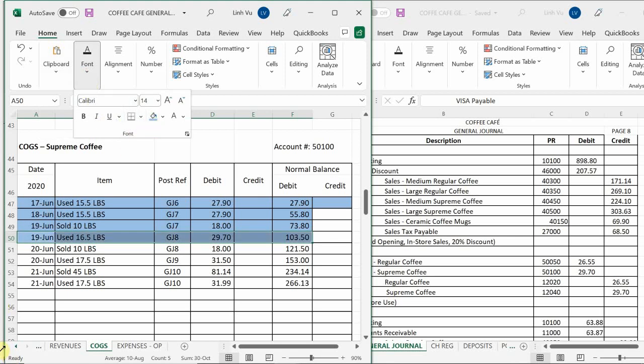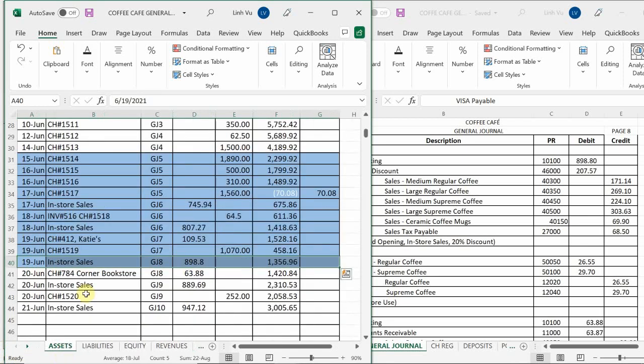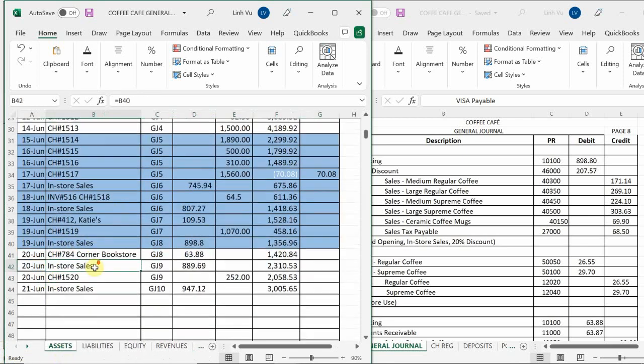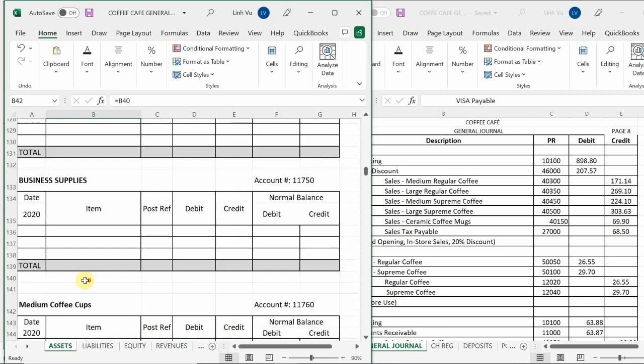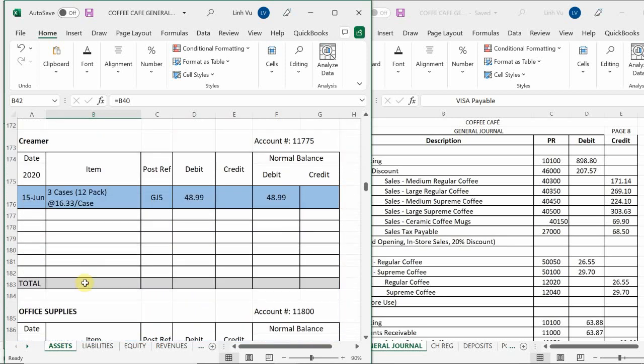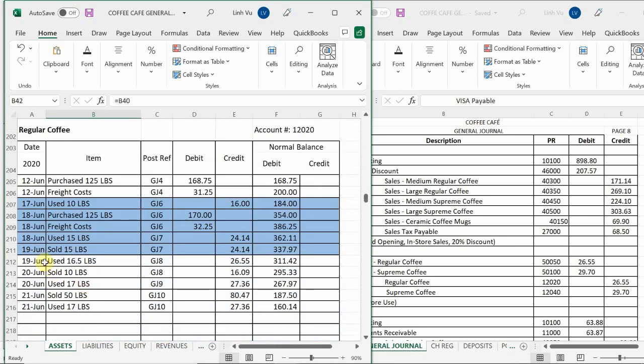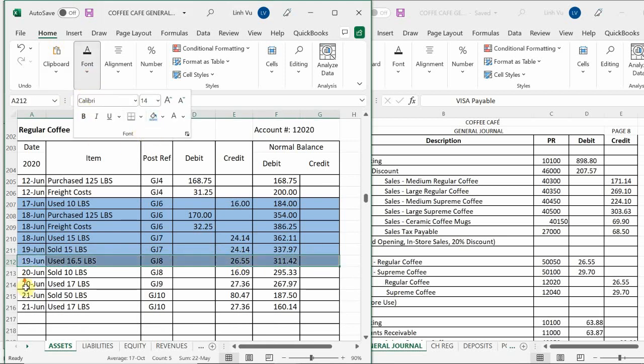Okay. And of course that affects our inventory, for the 26 and the 29.